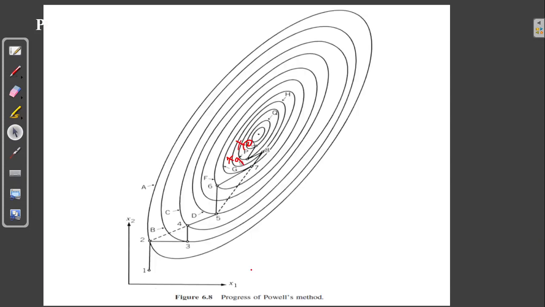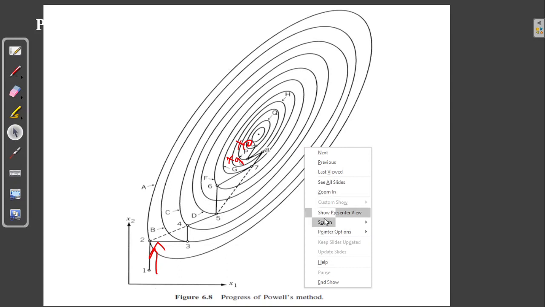That means we will again repeat the minimization procedure in this direction from x10.